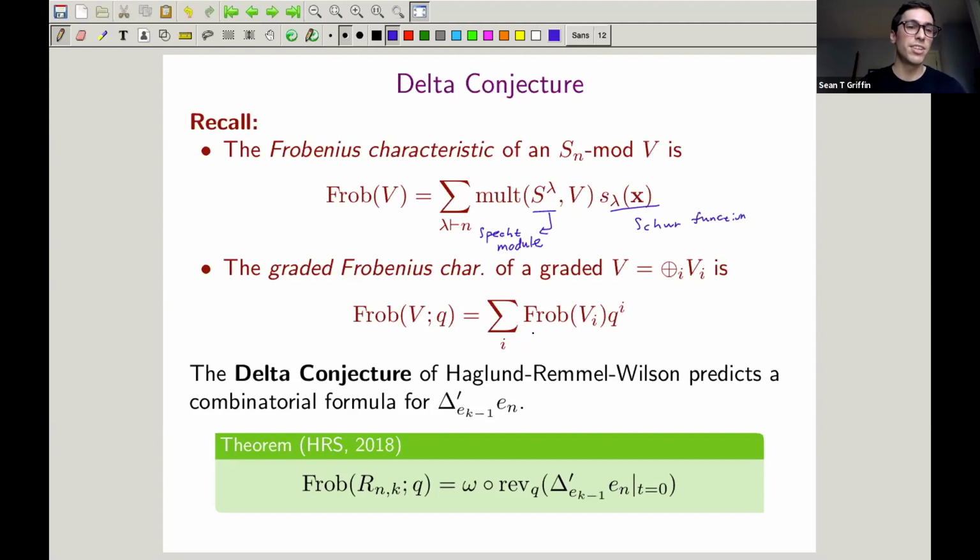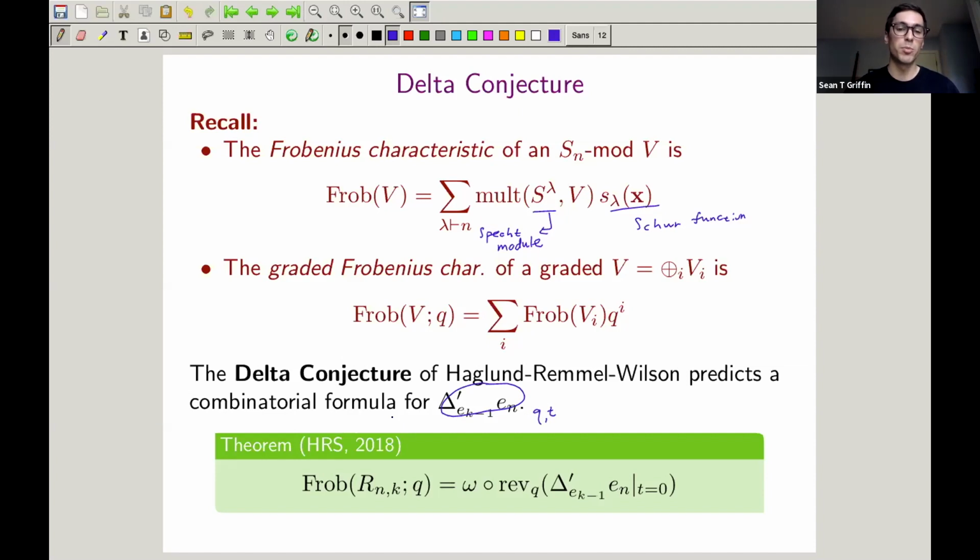Now the delta conjecture of Haglund, Remmel, and Wilson gives a combinatorial formula for a certain symmetric function. This is the result you get by applying a Macdonald eigenoperator to the symmetric function en. Implicitly, this involves two parameters, q and t. Essentially what Haglund, Rhoades, and Shimozono were able to prove is that this ring Rnk gives a representation theoretic interpretation for this symmetric function.